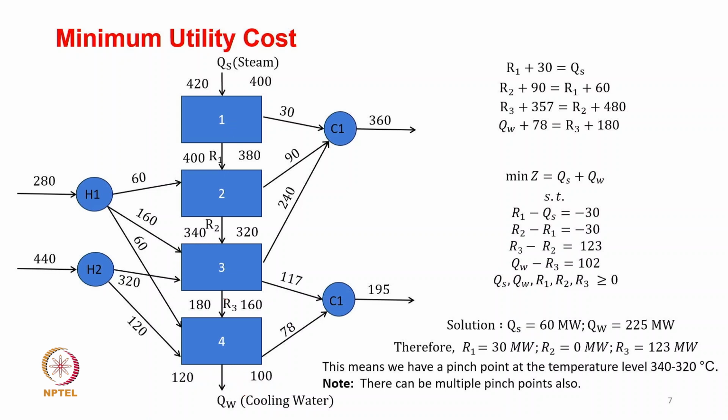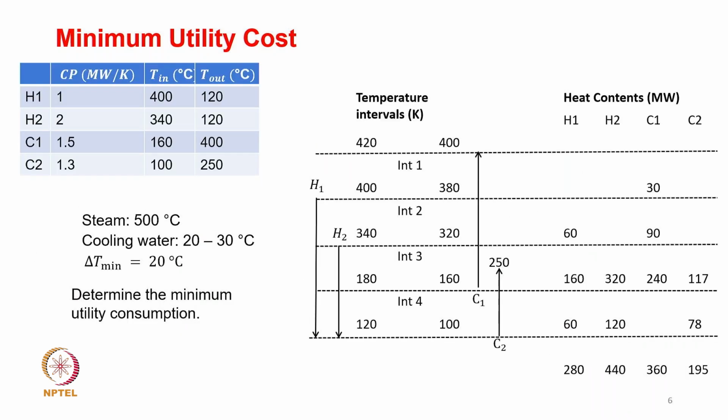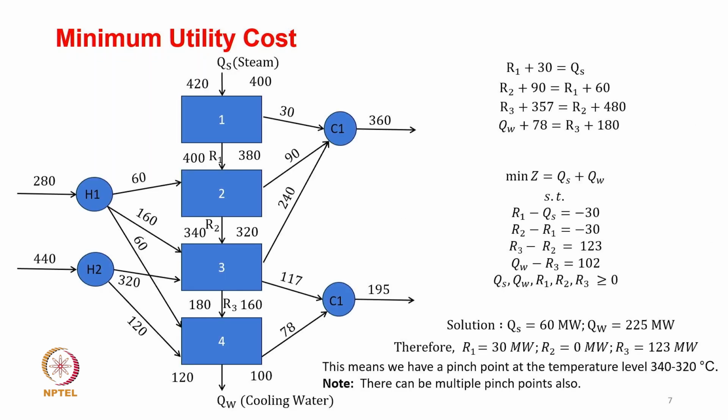This corresponds exactly to what we have drawn here. The first part is this particular interval, this is the second interval, this is the third, and this is the fourth. In the first interval, this is the direction of temperature decrease and this is the direction of temperature increase, and you have 2 hot streams and 2 cold streams, of course, aligned to match everything.